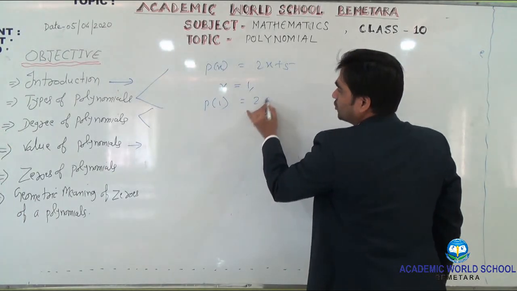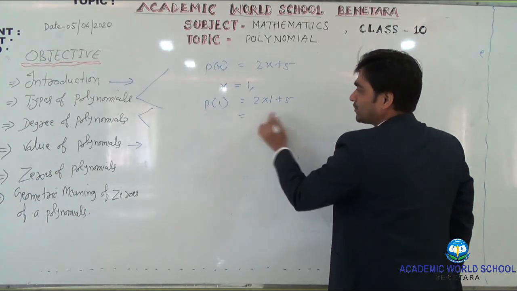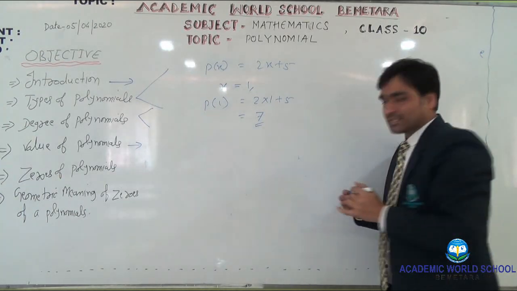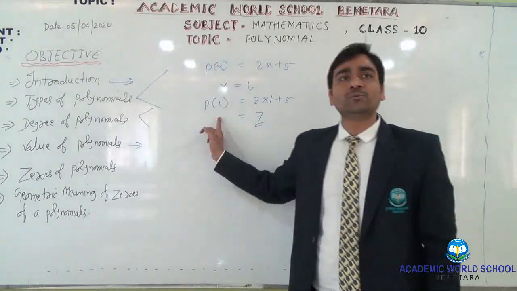P(1) will be equal to 2 into 1 plus 5. So 2 into 1 is 2, plus 5 is 7. This shows the value of the polynomial, 7, at x equals 1.